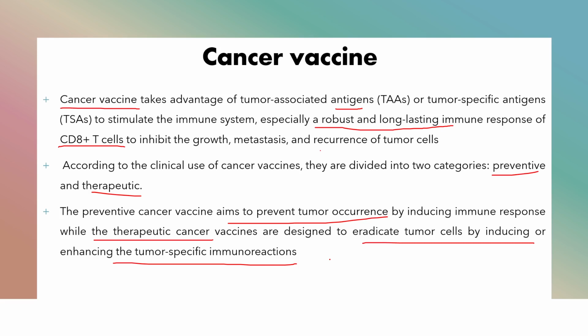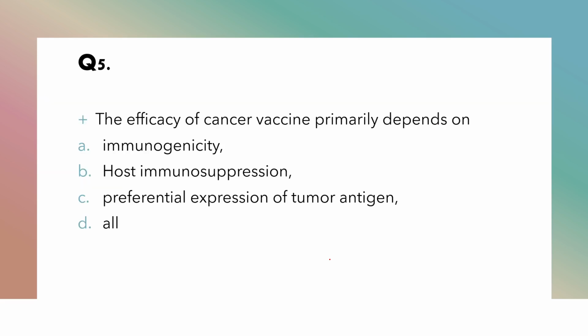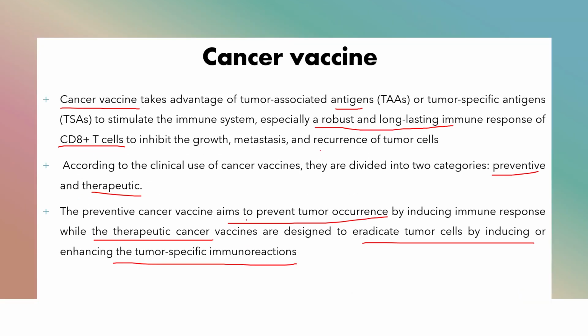I don't want to repeat the same thing again and again. If you have any doubt regarding this, you can ask me in the chat box. Fine, everyone understood how cancer vaccines are helping us to cure the tumor.